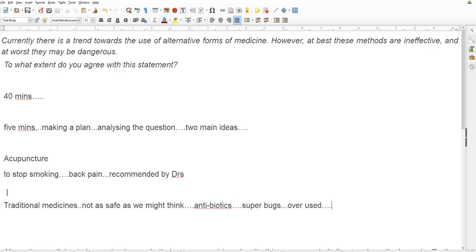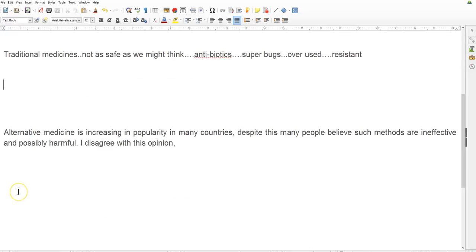Superbugs arising which are resistant to antibiotics, and if you overuse these, you can be at risk of some harm. Okay, so that's not bad.